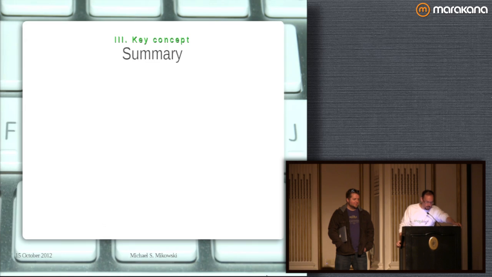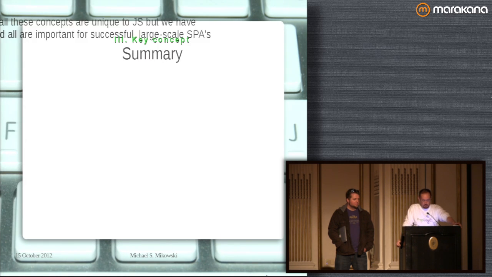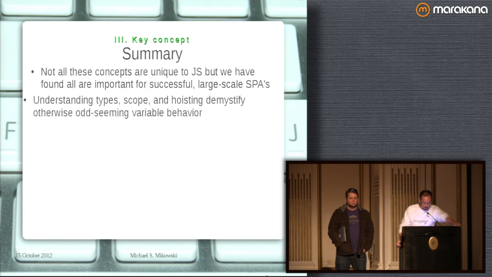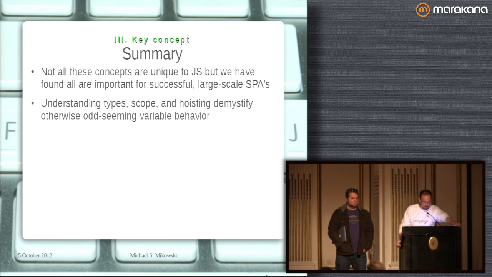Okay, so in grand summary, these concepts that we're talking about, not all of them are unique, but we have found over many years that they are all important for successful large-scale single-page applications. As we mentioned, understanding types, scope chain, and hoisting help demystify the otherwise odd-seeming behavior that you deal with in JavaScript, especially if you come from a different language where you expect things to work one way, and certainly in JavaScript they work another.